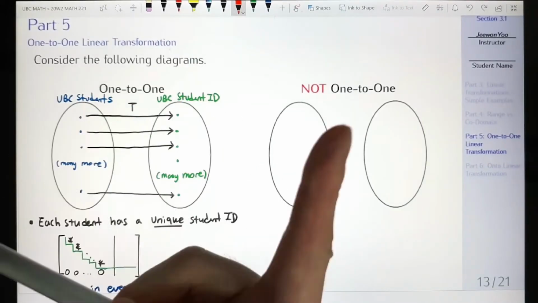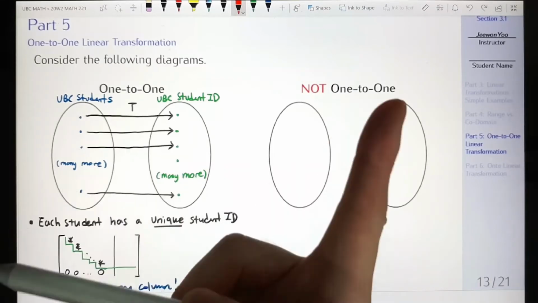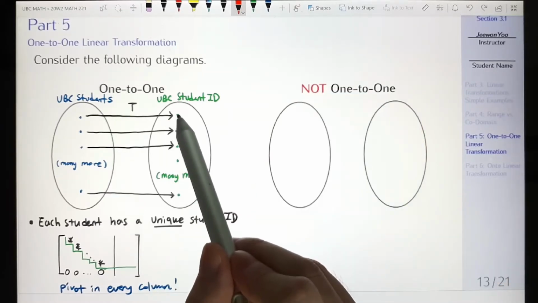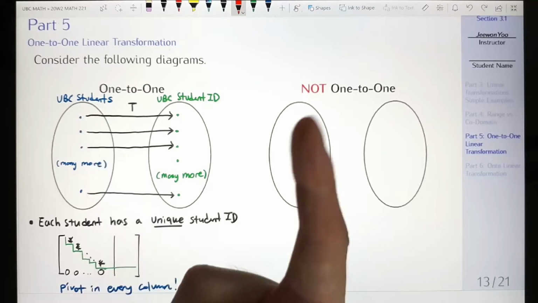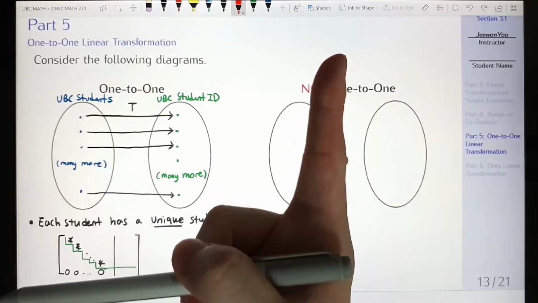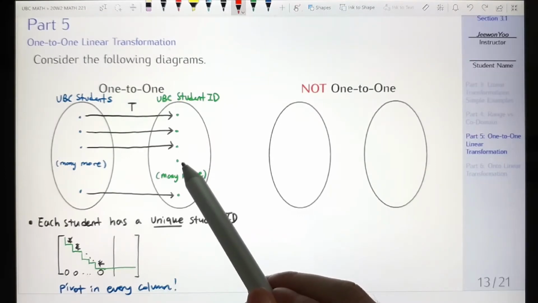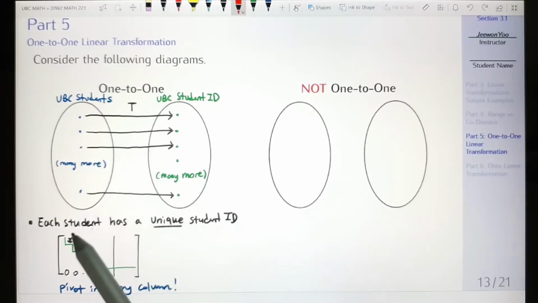We want exactly one student to take one student ID. Having a pivot in every column guarantees that if a UBC ID is taken, then we can find exactly one student, which is one solution.